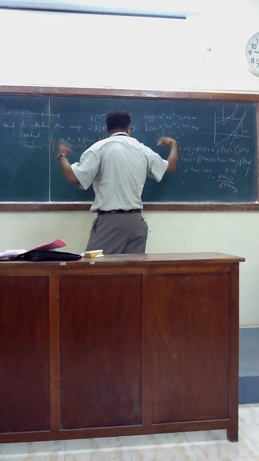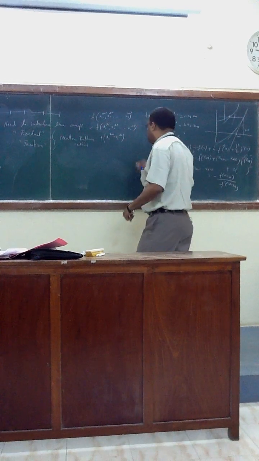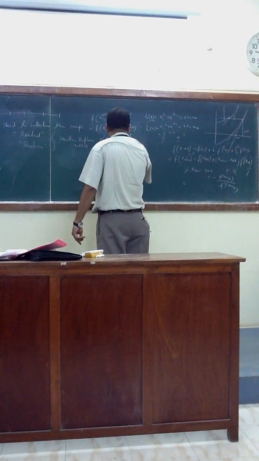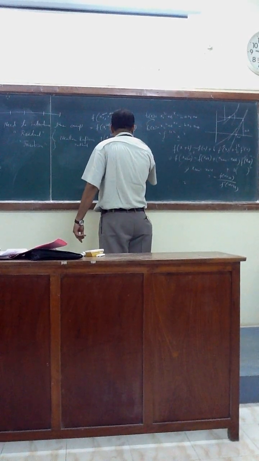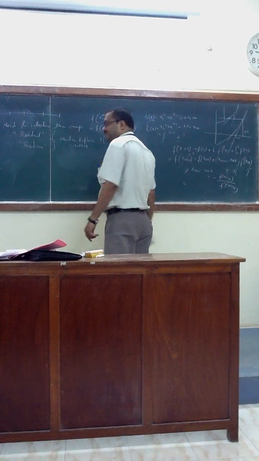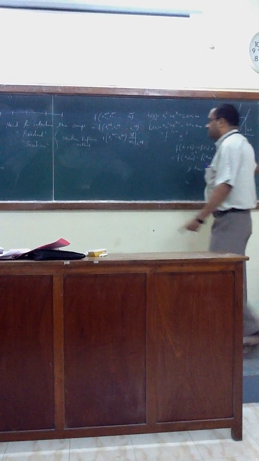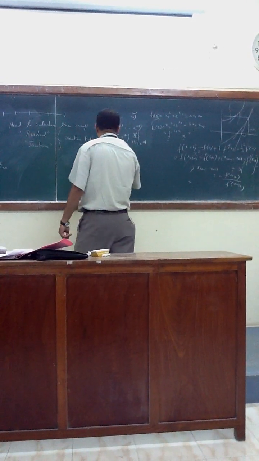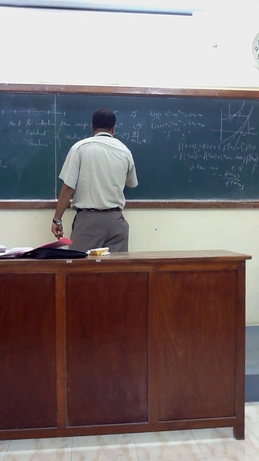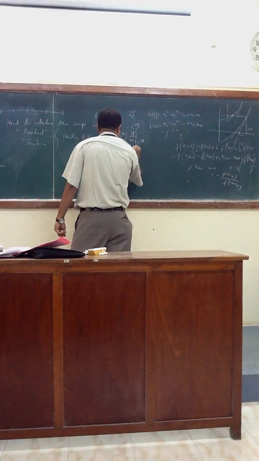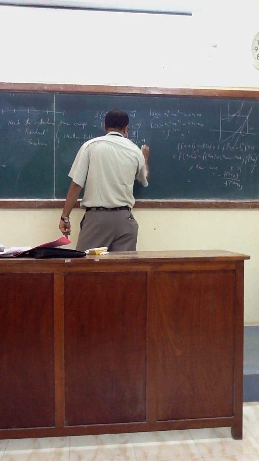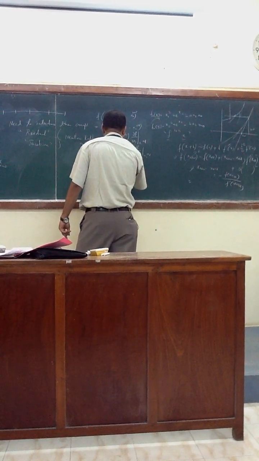Then instead of f prime, it will be dou f by dou x1 at x1 old, right? It is x1 old only. Have they extended? Similarly, x2 new minus x2 old, dou f by dou x2 old, and it will go on.